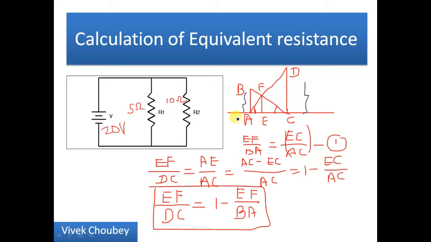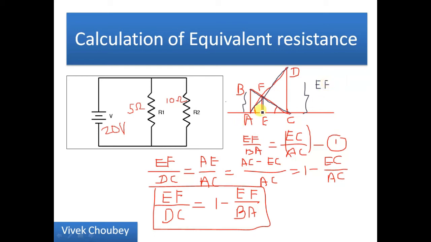So AB and CD, and from D we have a straight line coming up to A, and from B we have a straight line coming up to C, and each of these intersect at this point F. From F we draw a perpendicular to E. So this is the whole system. The equivalent resistance is EF. EF is the equivalent resistance, and I'm going to prove how it is, geometrically.